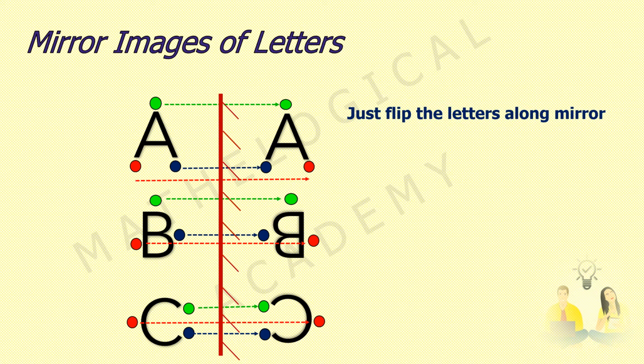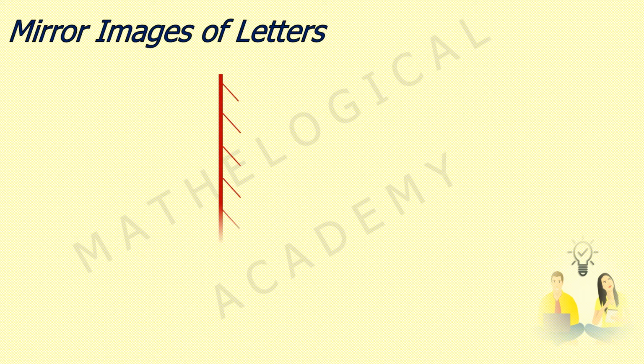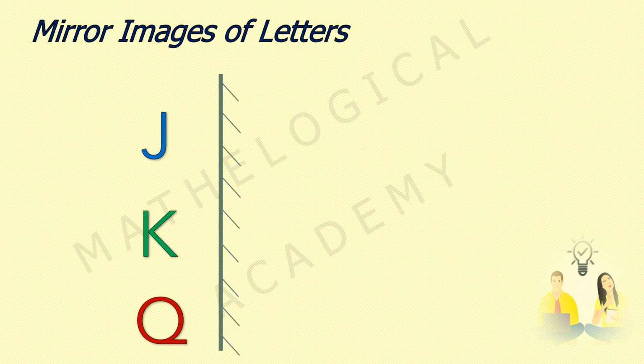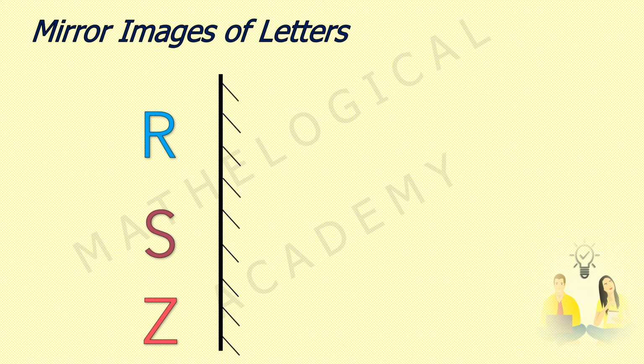Let's have a look at the mirror images of capital and small alphabets. For convenience, we have classified alphabets with the same mirror images and alphabets with different mirror images separately.